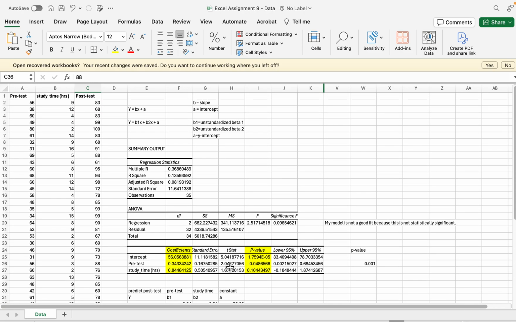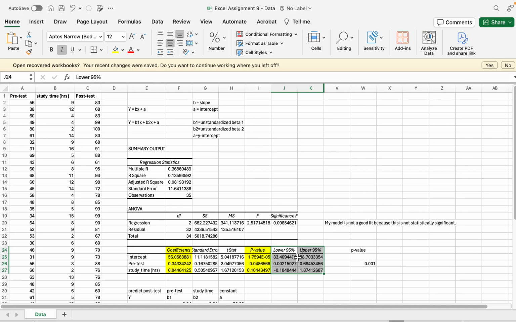For you guys, I'll ask you for the unstandardized beta coefficient for pretest or study time and so on, and if they're statistically significant and so on. These are the confidence intervals. You've probably read about that in your text. That means that we have 95% confidence that the actual coefficient falls between these two numbers.